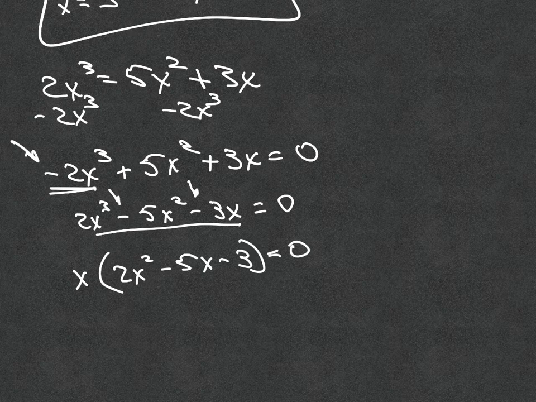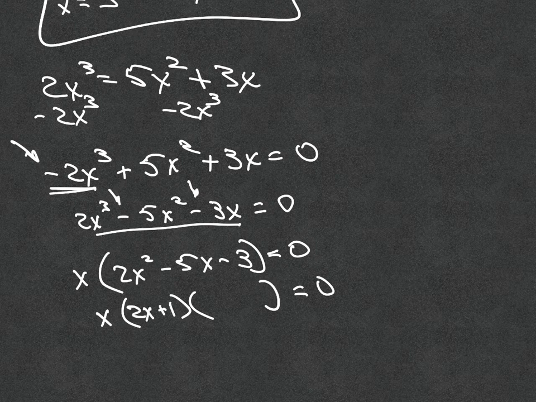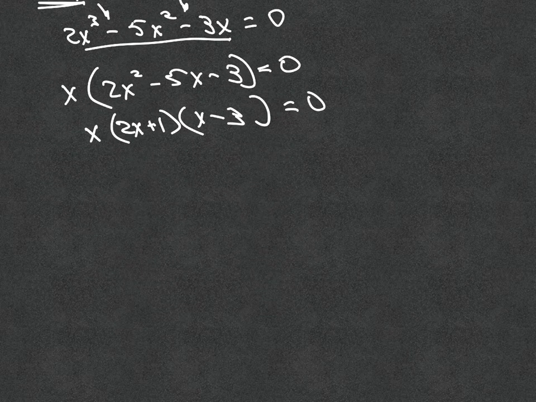Okay, and next thing I'm going to do is factor this, and you've done this before, so I'm not going to go into a lot of detail. The x carries along with me, and I get 2x plus 1 and x minus 3. Okay, so again, I'm going to leave that alone.